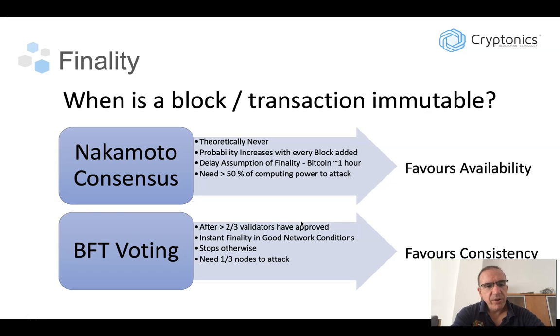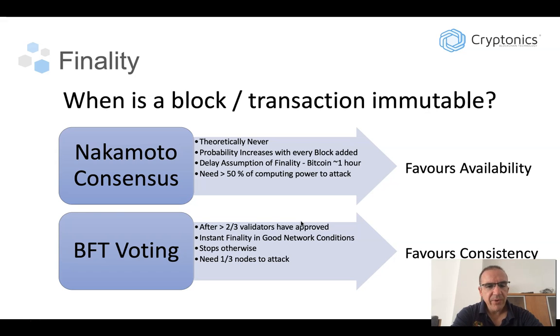And it also means Nakamoto consensus, in order to attack it and rewrite history, you need more than 50% of computing power to attack it. And in general, this is designed to favor availability, because it means you always sort of continue, even if just a couple of nodes are isolated. They can keep accepting transactions and write to their blockchain. They just have the risk of later being undone.